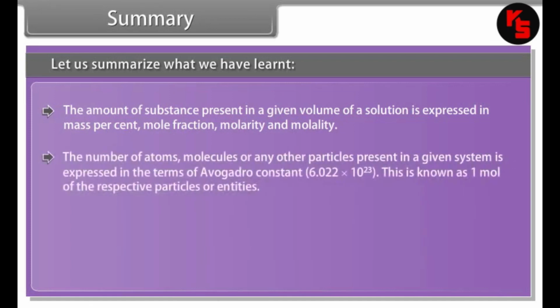The number of atoms, molecules or any other particles present in a given system is expressed in terms of Avogadro constant, 6.022 into 10^23. This is known as 1 mole of the respective particles or entities.